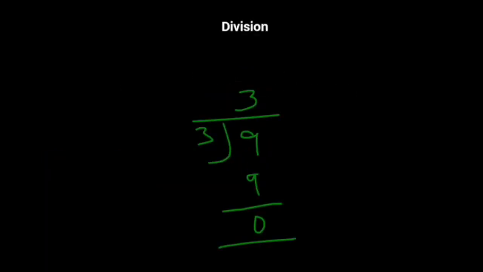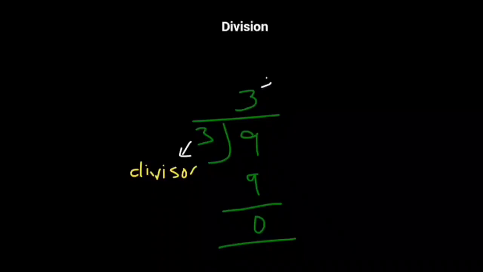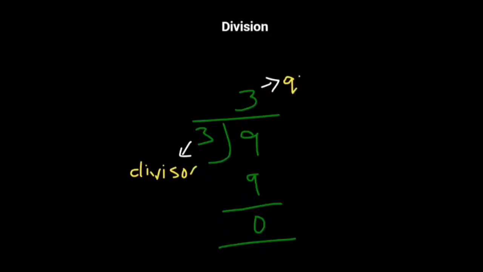We will start off with looking at the different labels for our divisions. So first we have here the tree, and this tree is known as the divisor. Then we have on top, and this is known as the quotient.